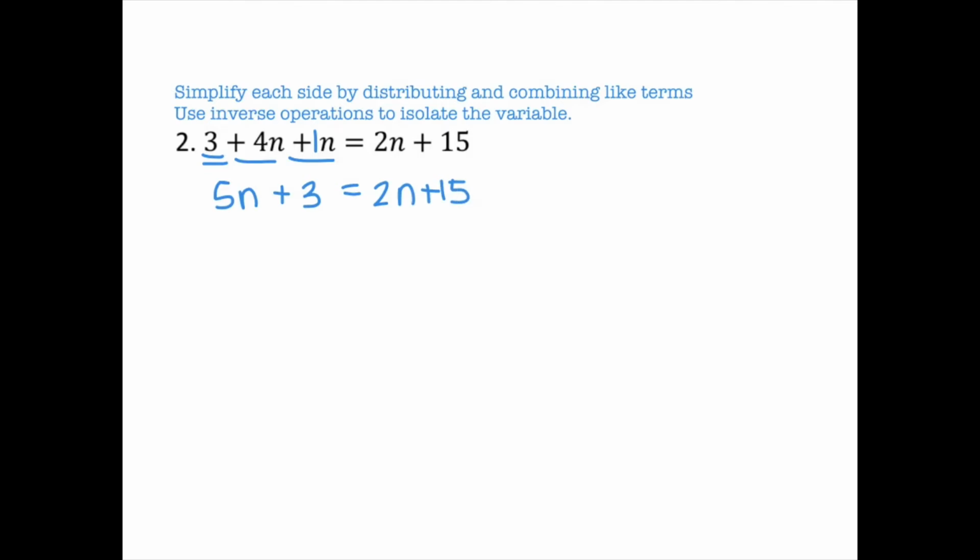Notice that when I combined this 4n plus the 1n, this was all on the left-hand side of the equation, so I'm not doing inverse operations. I'm doing what I see, positive 4 plus 1 to get 5. Please don't confuse when to do inverse operations and when to simply combine like terms. So this one step is what took us to simplify. And now we will start solving.